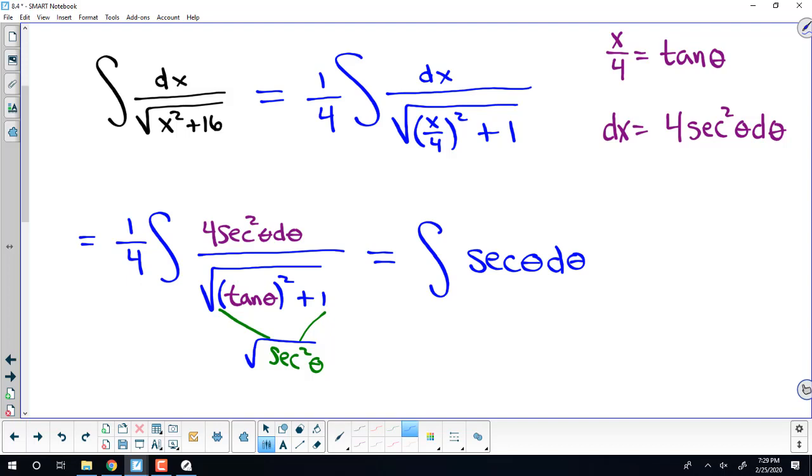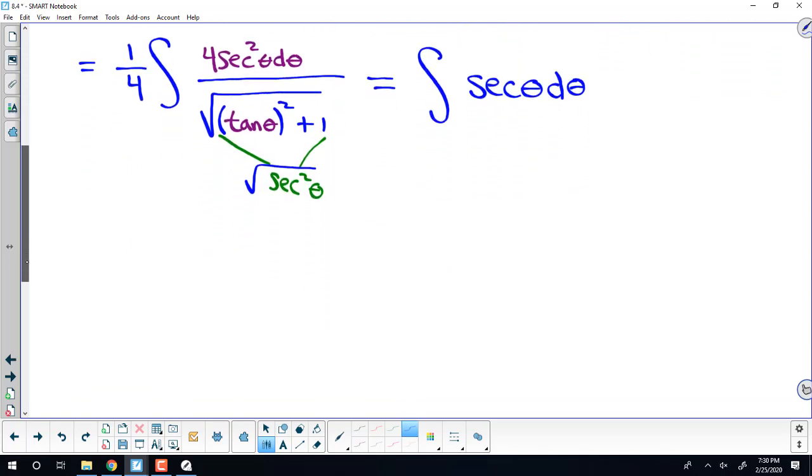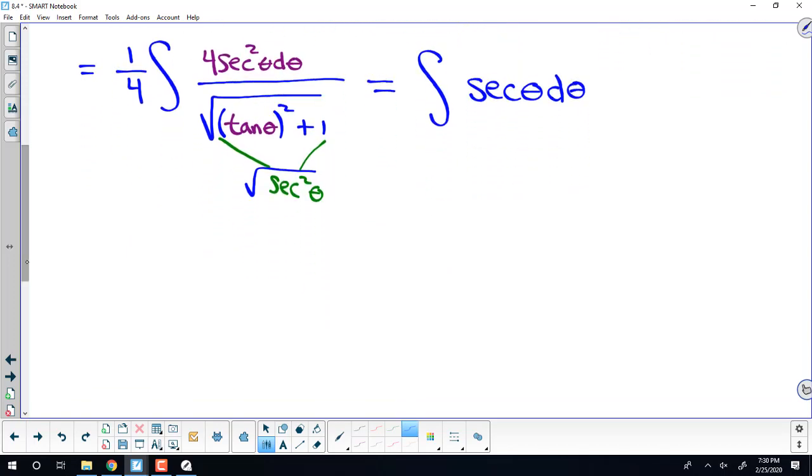What's the antiderivative then of secant? Yeah, that was one of those funky ones that we addressed in 8.3. We have to know that, because when you get to this point, no reduction formula, integration by parts, anything else is going to help.